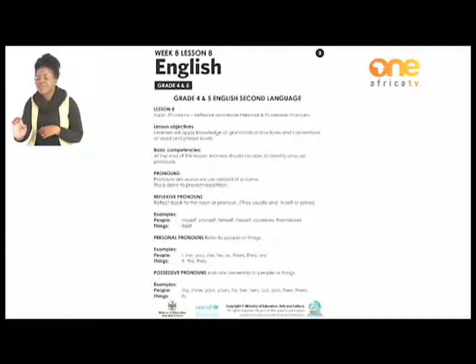All right, now, examples of possessive pronouns when we are referring to people are my, mine, your, yours, his, her, hers, our, ours, theirs. When you are referring to things, it becomes its. Moving on to page 4.